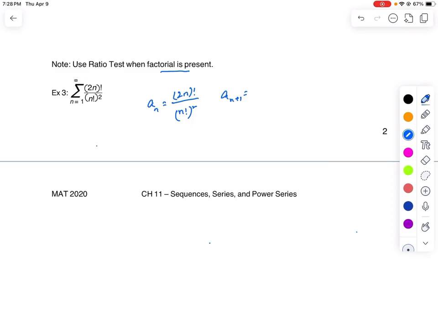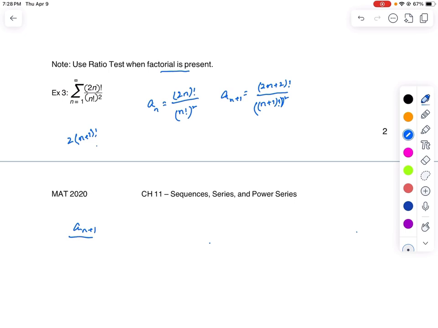So it will not be 2n plus 1, but it will be 2n plus 2, because we get 2 times (n plus 1). The top will be (2n plus 2) factorial, and at the bottom (n plus 1) factorial whole squared.